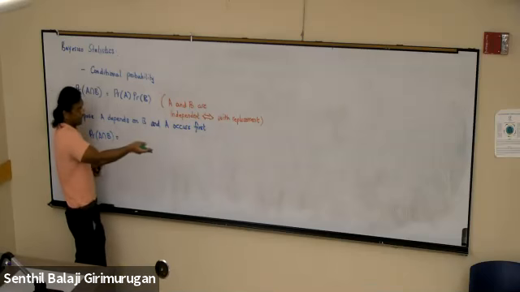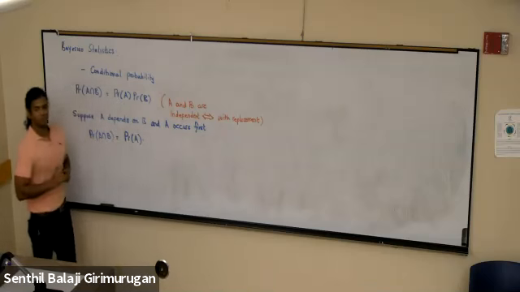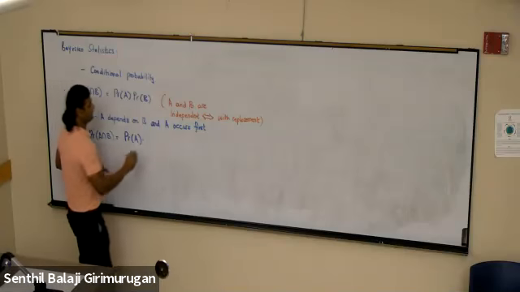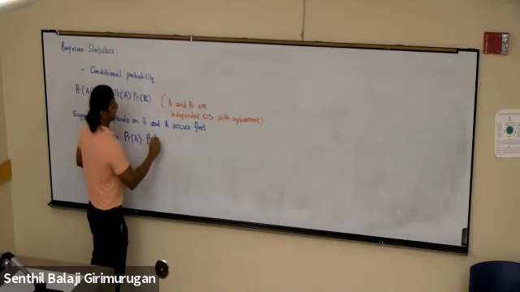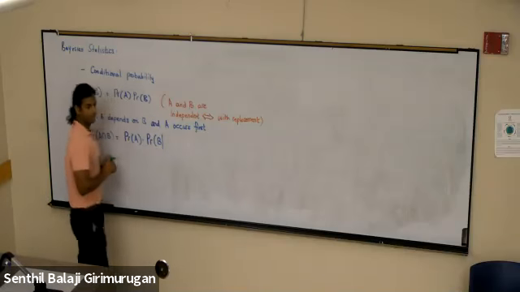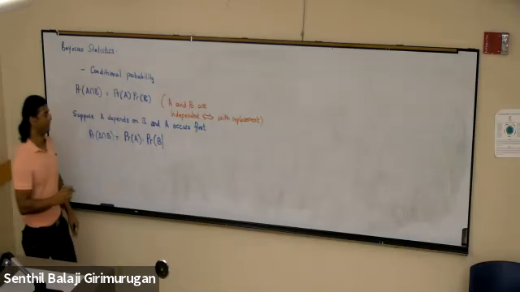So A occurs first, so this would simply be the probability of A. But B depends on A. Do you agree? So we have the probability of B. We put a vertical dash. That vertical dash means given.